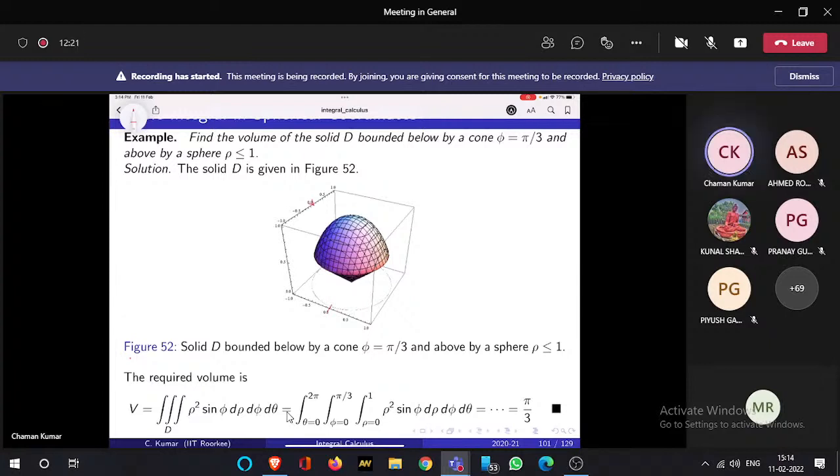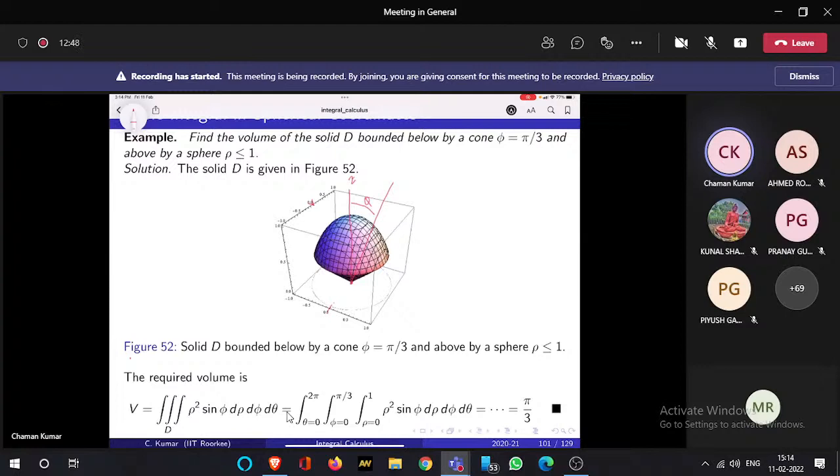Okay, so that means my origin is this point somewhere here in the projected region in the xy plane. Now you draw a ray which will make angle phi with the z-axis. So let us say this is the z-axis and this is the angle phi that this ray makes with the z-axis.